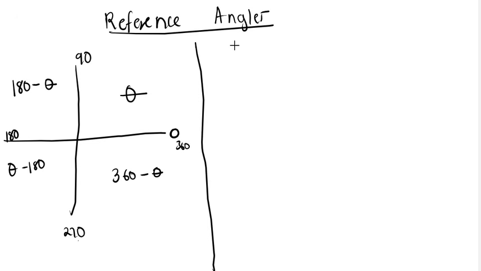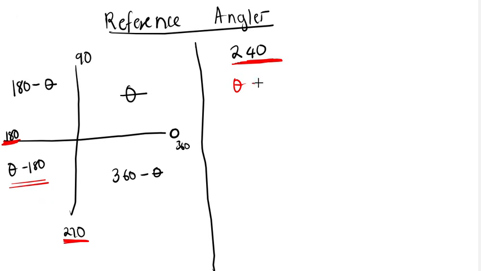For example, if you have been given the angle 240, you look at which quadrant this angle belongs to. You will see that it is between 180 and 270. So how do we find the reference angle here?